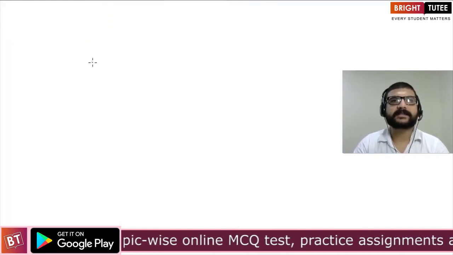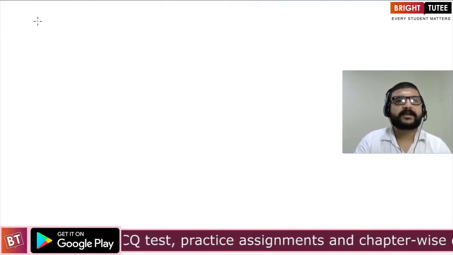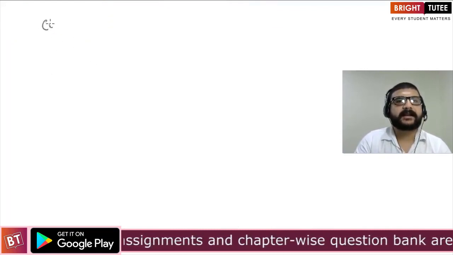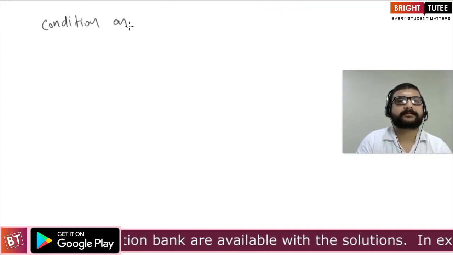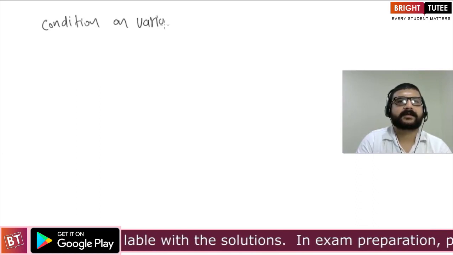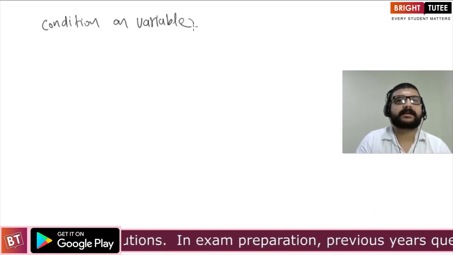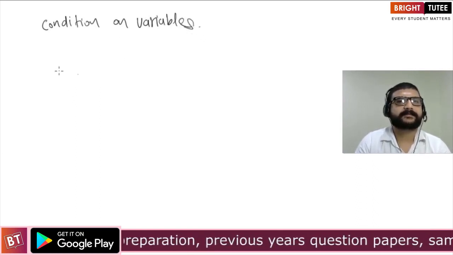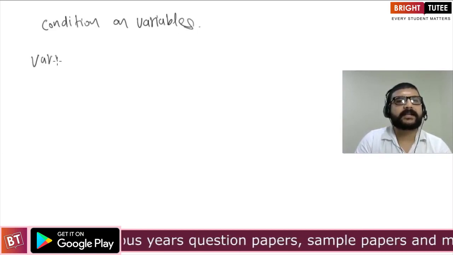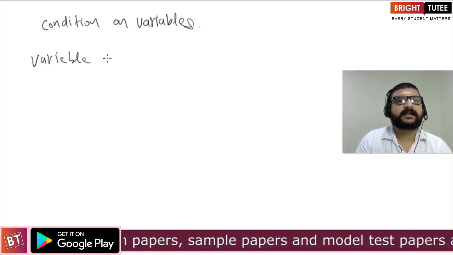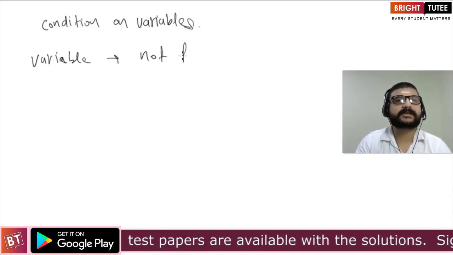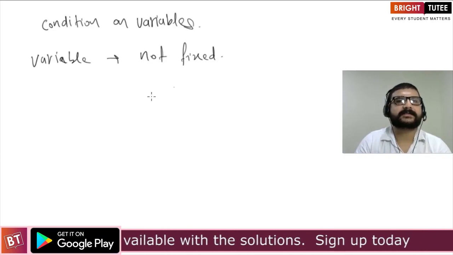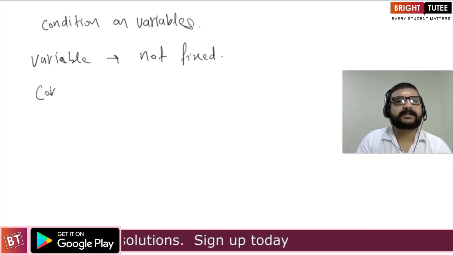In the previous class, you must have studied that an equation is a condition on variables. Now let's try to understand what variables are first. Variables are the quantities which are not fixed. The quantities which are not fixed are known as variables, and quantities which are fixed are known as constants.